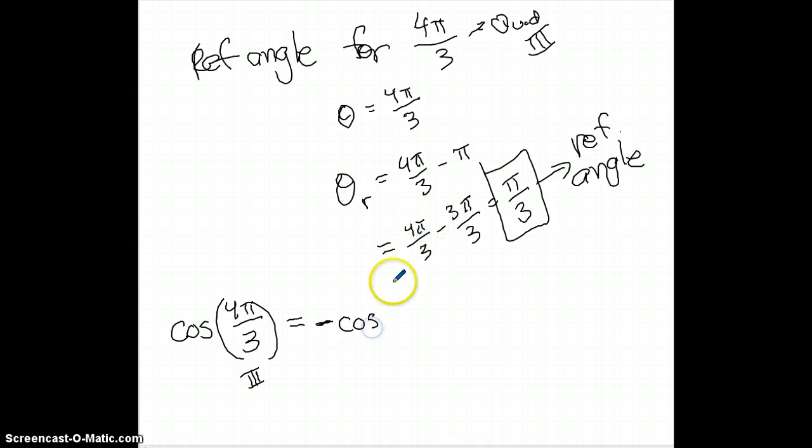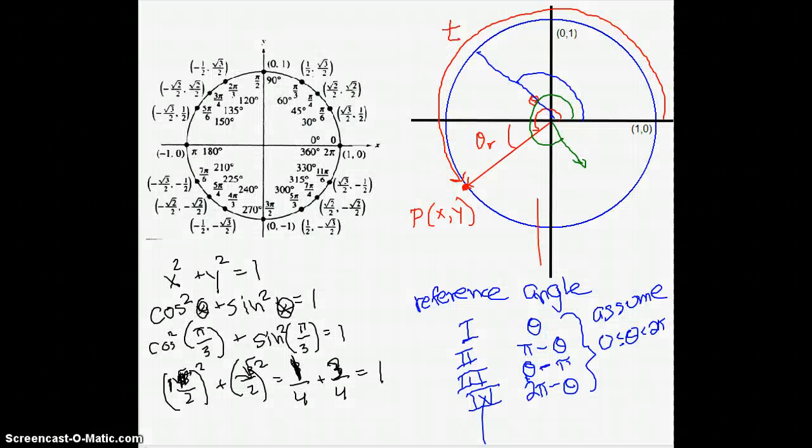And we figured out our reference angle already: negative cosine of pi over 3. Now we know the cosine of pi over 3 is 1/2. So the cosine of 4 pi over 3 is negative 1/2. Let's go back to the diagram: 4 pi over 3, and the x value here is negative 1/2.